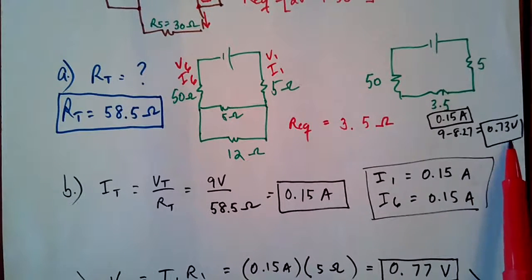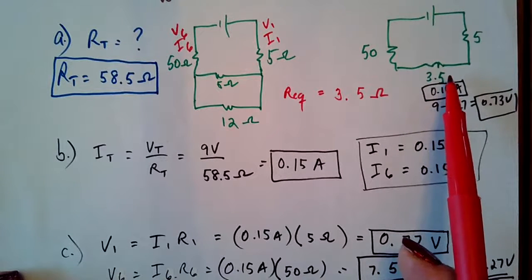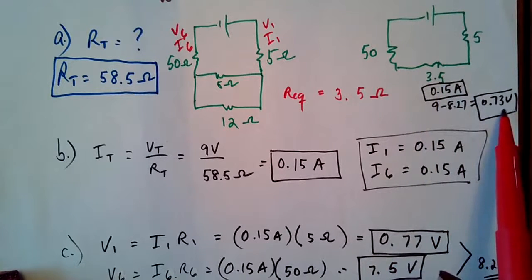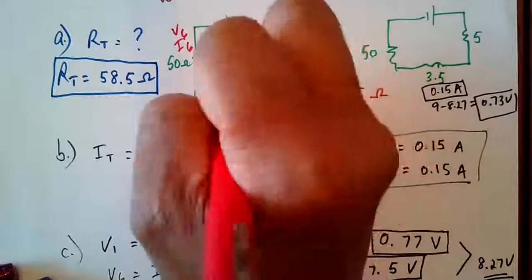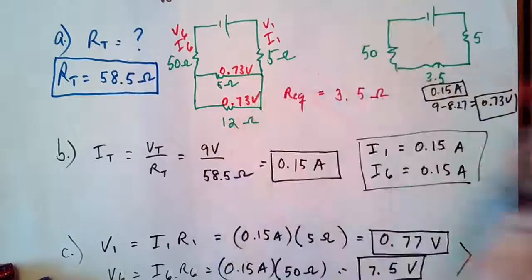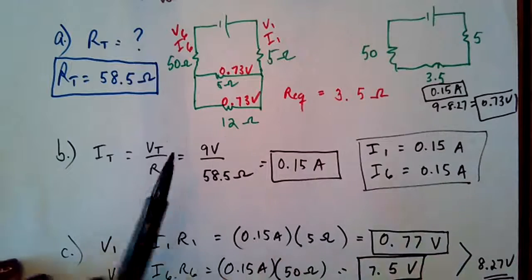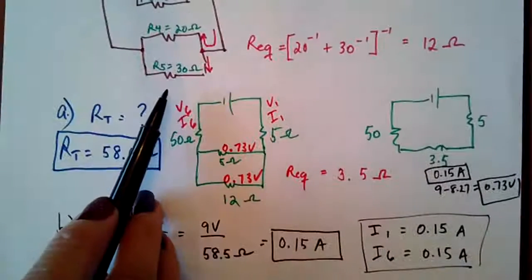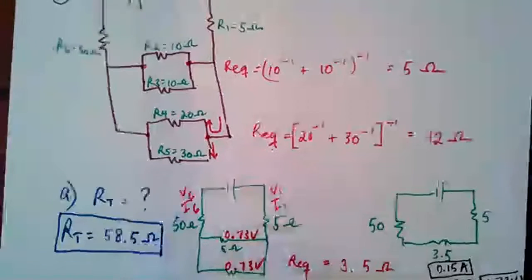The voltage that is getting through this simplified resistance is 0.73 volts. So that means that this is going to be 0.73 volts, and this is receiving 0.73 volts as well because they are in parallel. So we can write down this is 0.73 volts. That means we can go back to the original diagram. These two are in parallel.